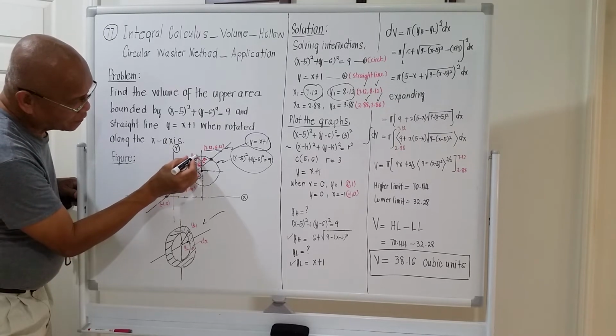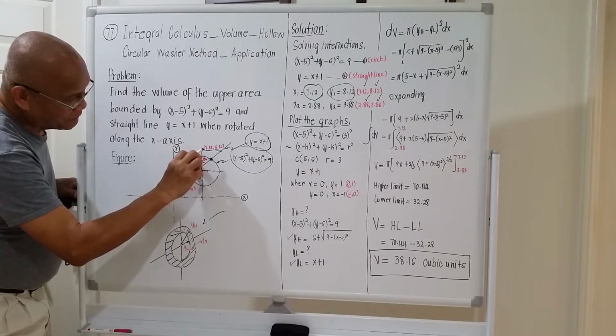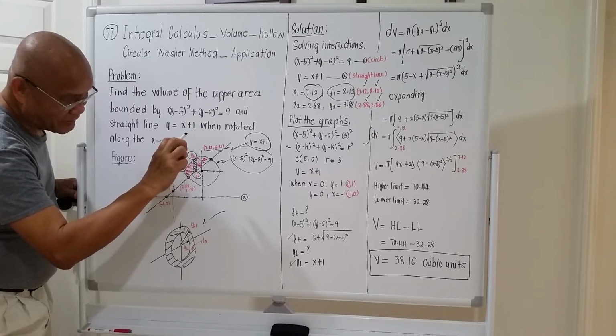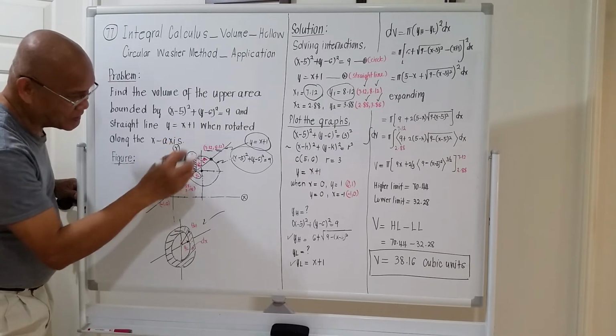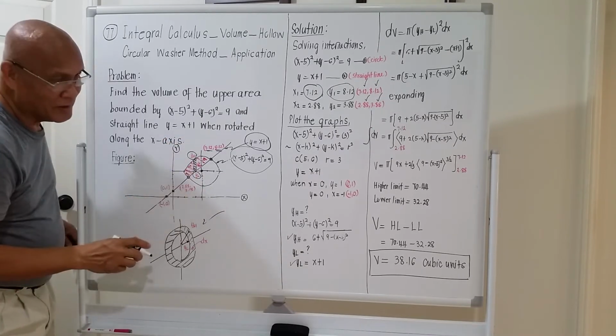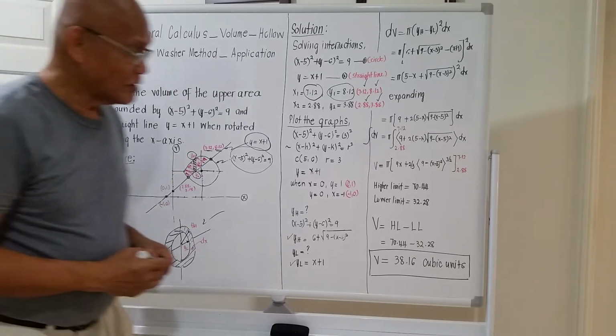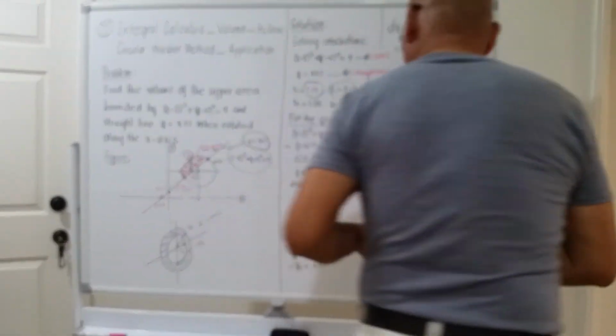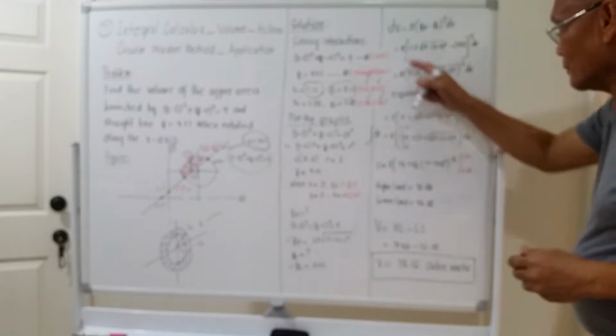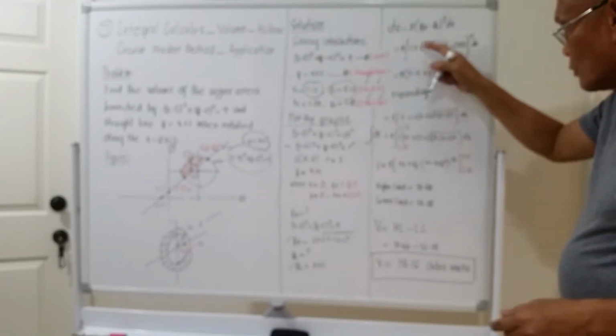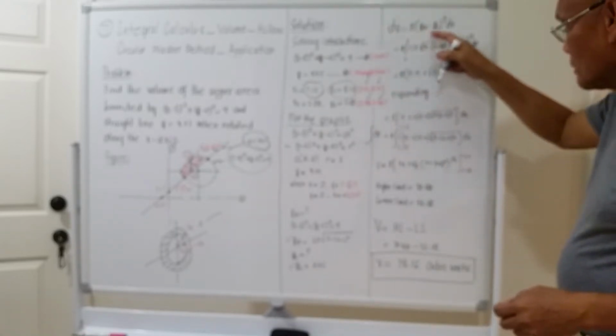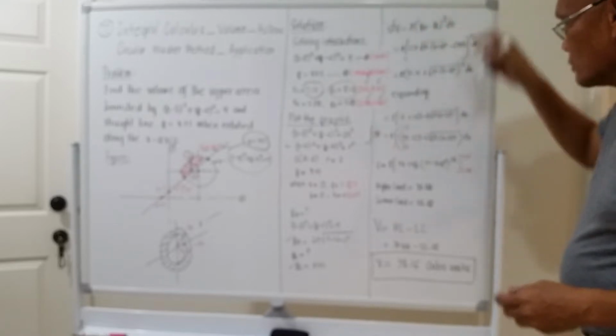The one on top is y higher. So the vertical height is y higher minus y lower. That's the net radius. So the differential volume for a circular washer will be pi times the quantity y higher minus y lower, quantity squared.